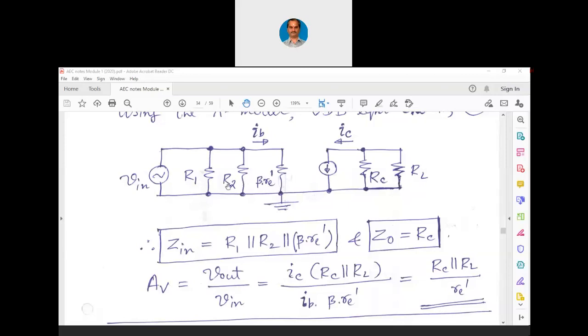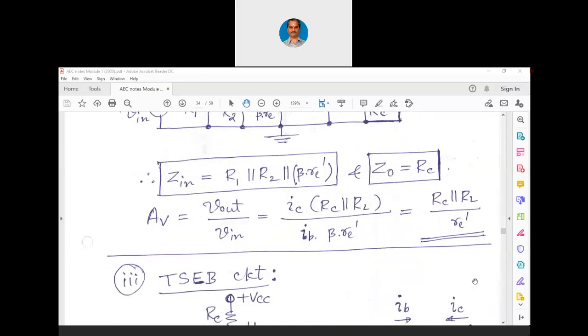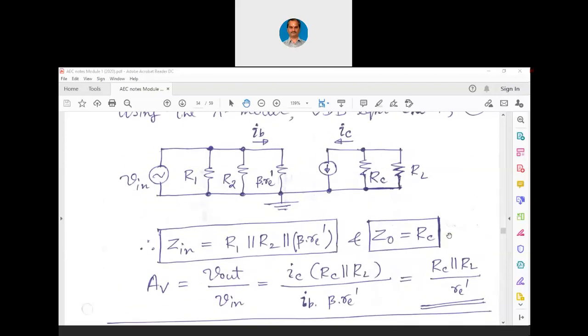So, we need not consider R1 parallel with R2 when we calculate the voltage gain. So, it is IB into beta into RE dash. Again, IC is beta into IB. Beta gets cancelled. IB gets cancelled. We will get RC parallel with RL divided by RE dash. So, this is going to be our equation.